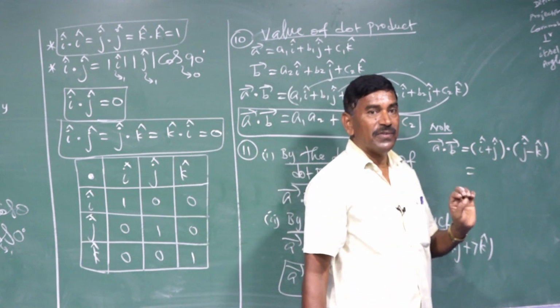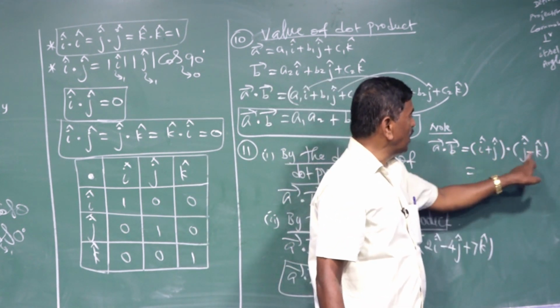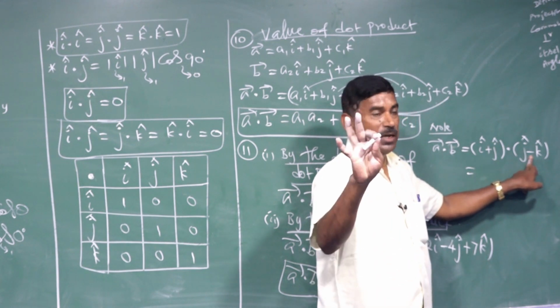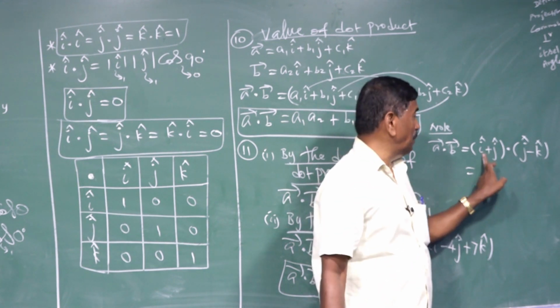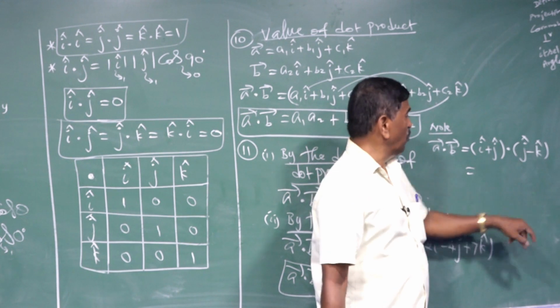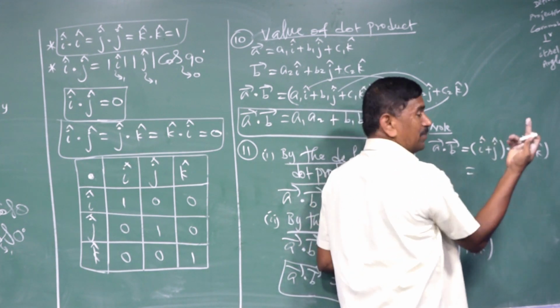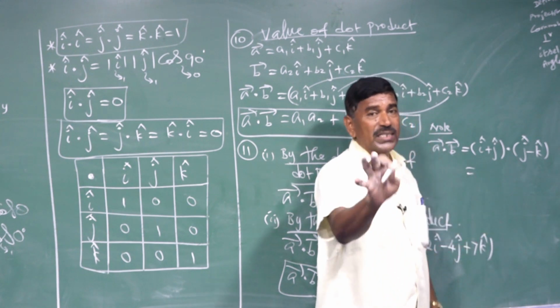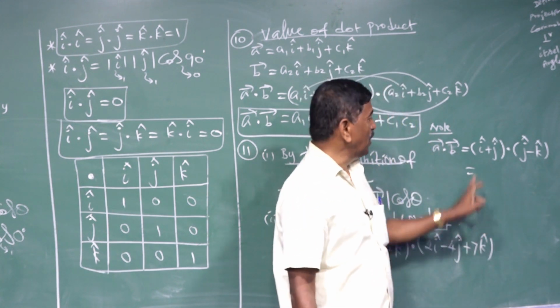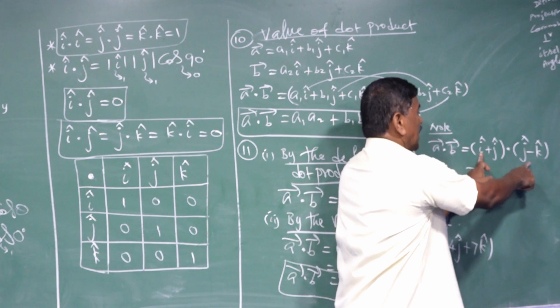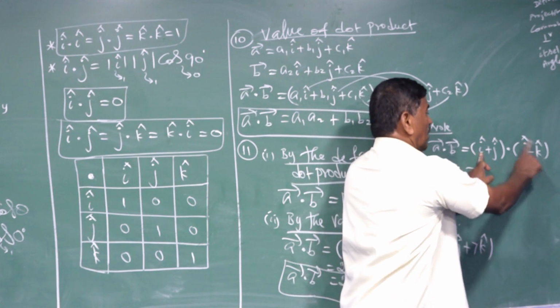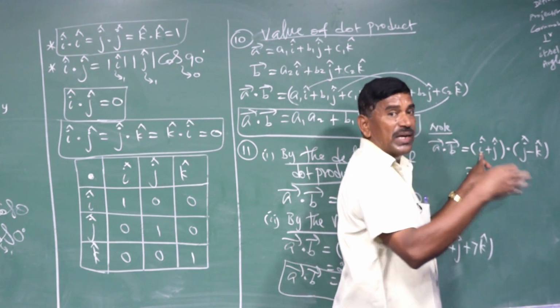Start yourself. Very good. i present, i absent, so no need to multiply. If you multiply, your answer is 0, that is, i cap dot j cap is 0 and i cap dot k cap is 0. So that is why there is no need.